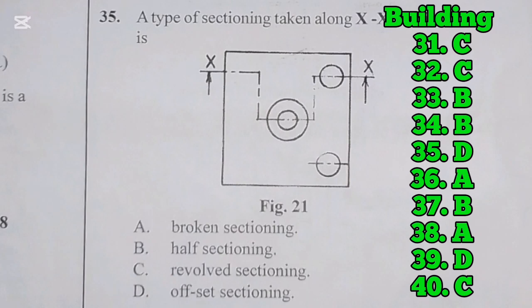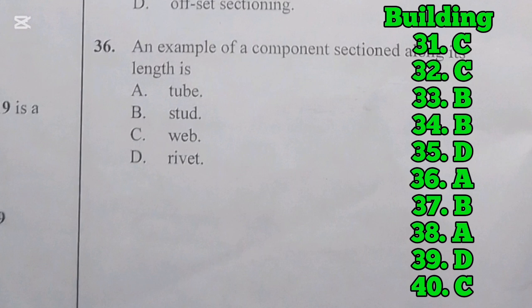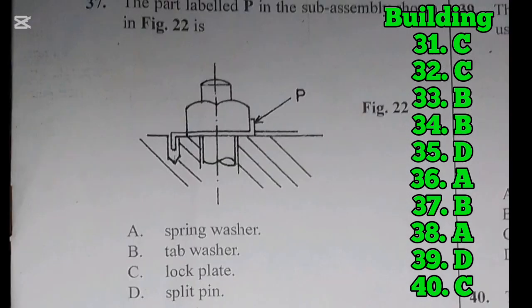A type of sectioning, that's 35. The answer is D, offset sectioning. 36, an example of a component sectioned along its length. You can see the answer to that is A. So that is a tube. Then 37.